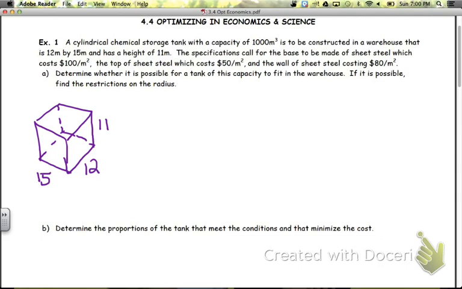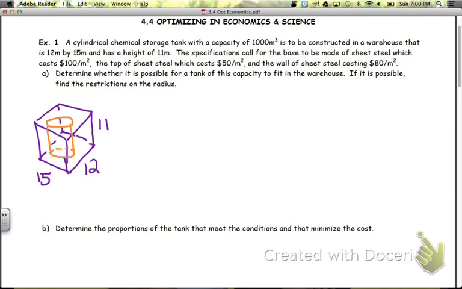So now we can draw our cylinder inside. So we have the cylinder inside of our warehouse. As so.